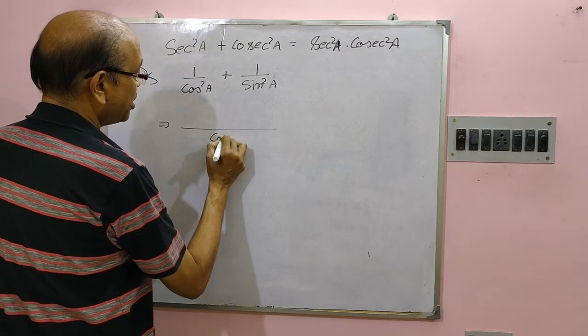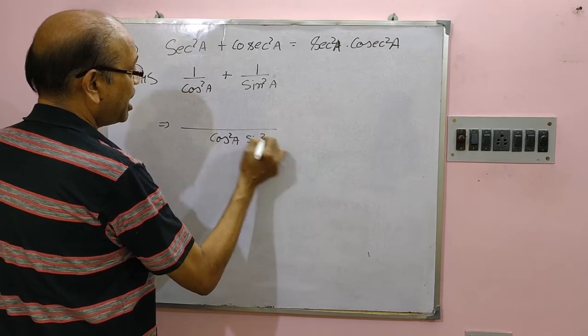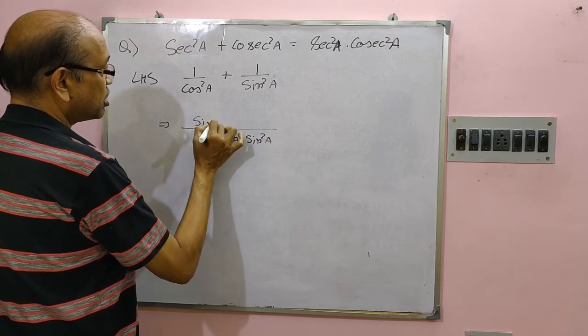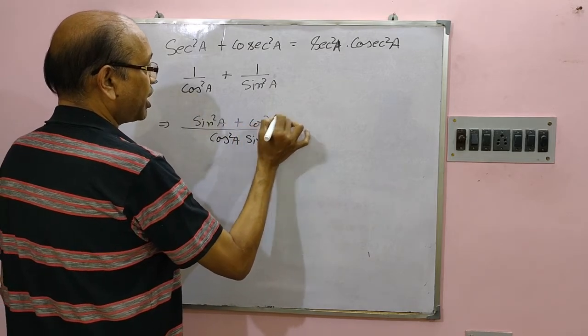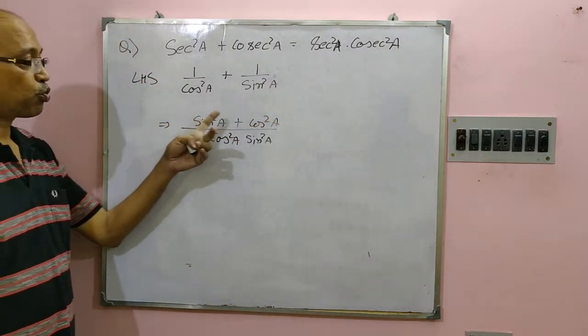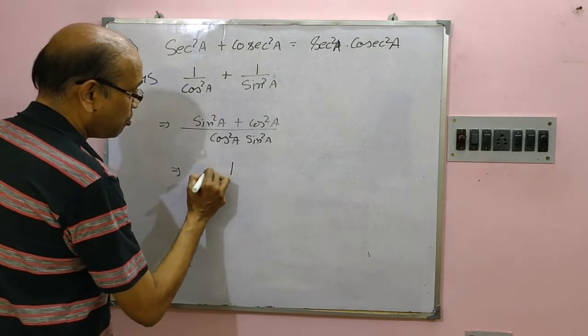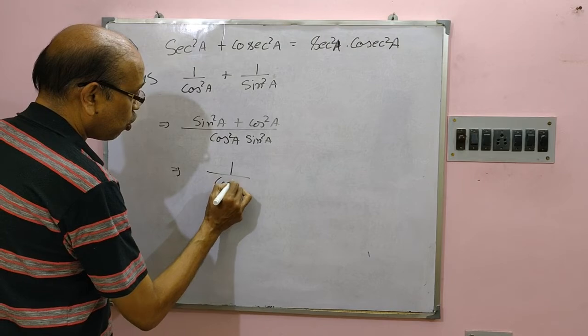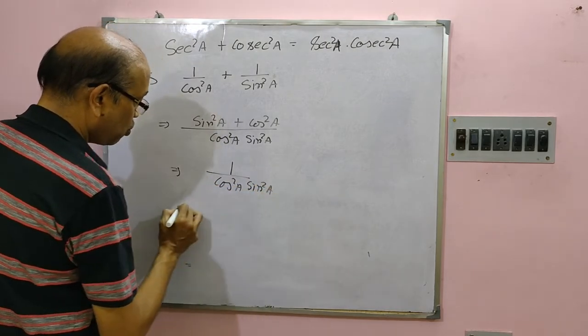So the LCM becomes cos square a into sin square a, and here it becomes sin square a plus cos square a. Now we know sin square a plus cos square a is 1. So which is 1 by cos square a into sin square a.